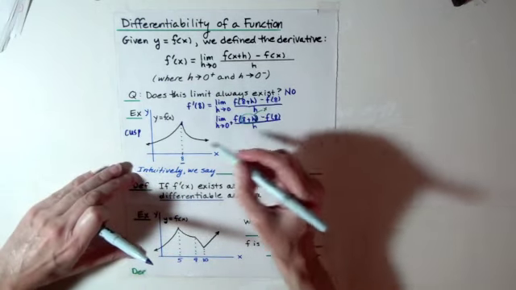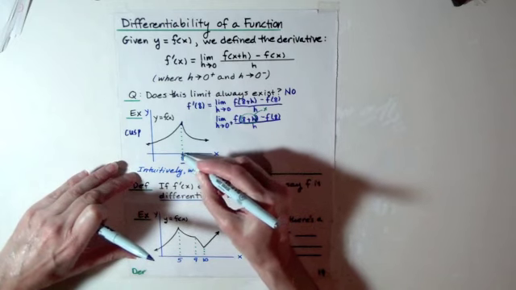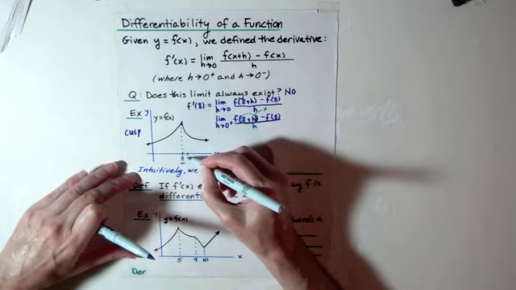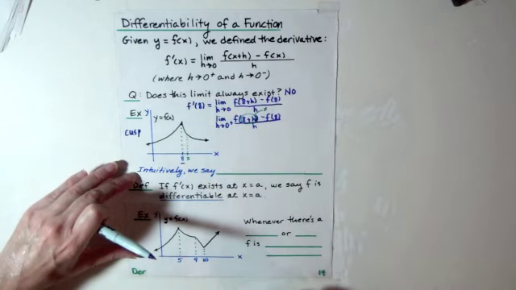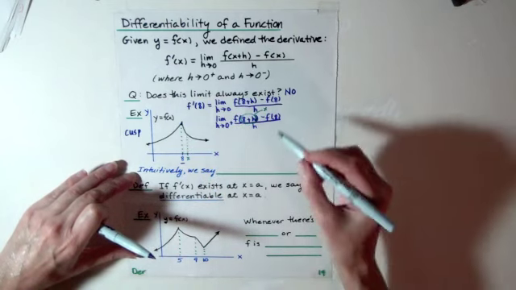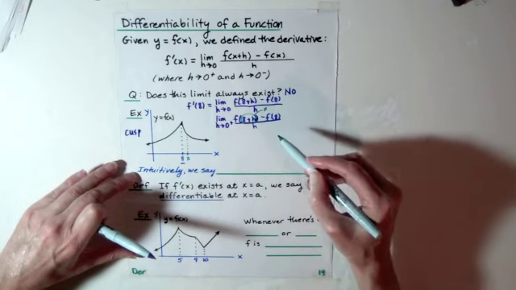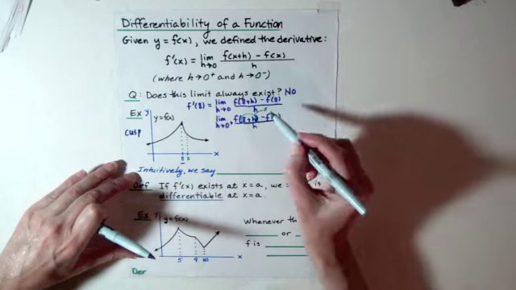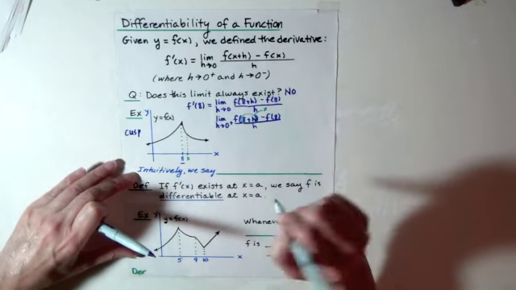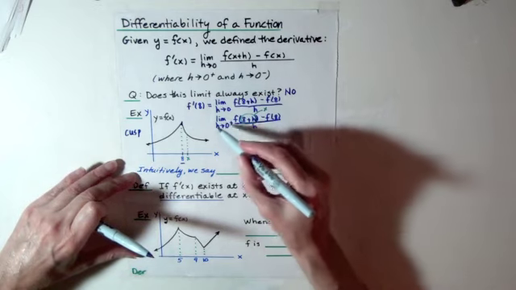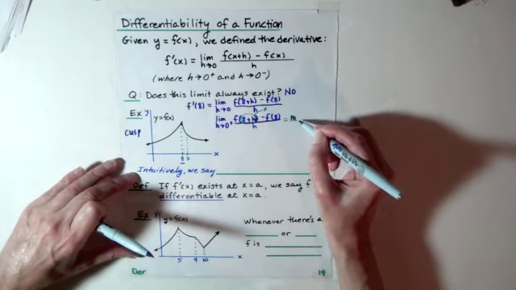So if h is positive and I add h units onto 8, my x value is going to be on the right-hand side of 8. Well, what is the limit of this expression? If we look at just this expression itself, it's really the slope of a secant line. But the limiting value of this expression is the slope of our tangent line.